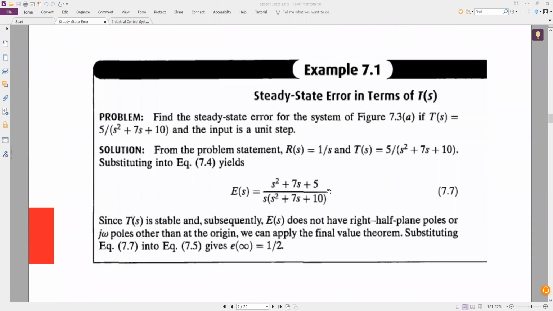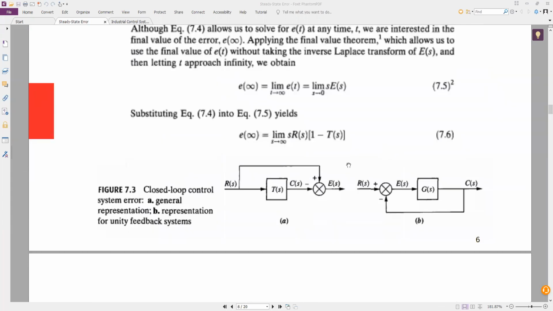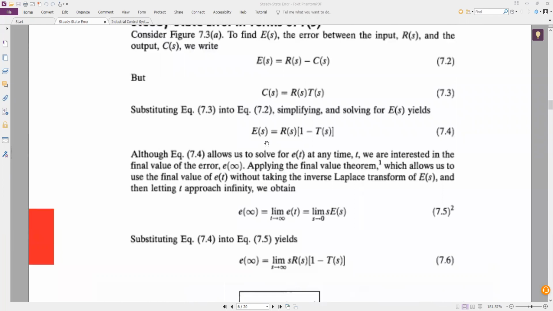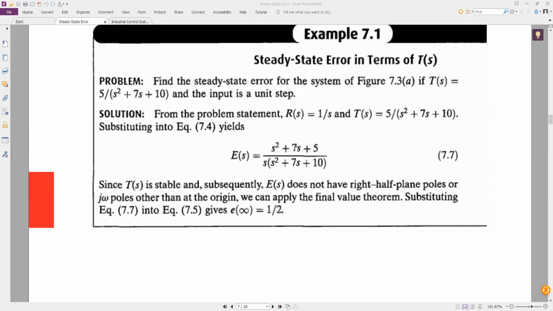Now take a look at problem 7.1. Find the steady state error for the system of figure 7.3a if T(s) is given, and the input is a unit step. So see, the input is a unit step, that means R(s) is equal to 1 over s, and T(s) is given. So from equation 7.4, E(s) is equal to R(s) into 1 minus T(s).